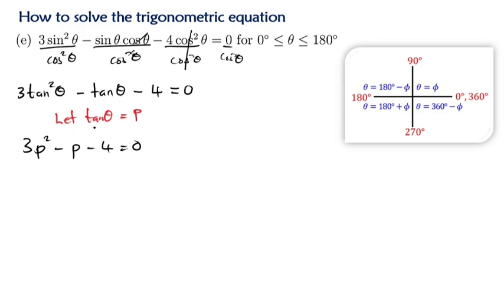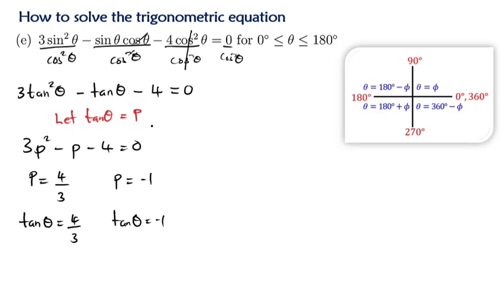But remember, p is equals to tan. So the first value of p was 4 over 3, and the other p is negative 1. So this means that tan theta is equals to 4 over 3, and tan theta is equals to negative 1.